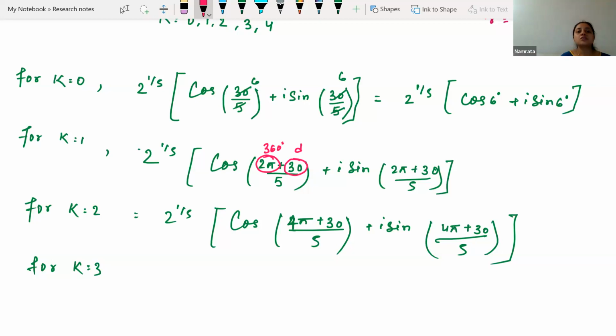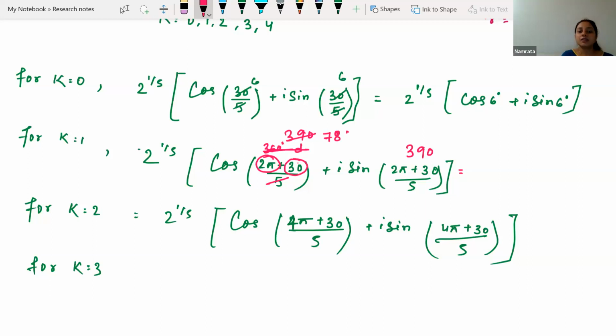So if it's 360 plus 30, that means 390. So the total angle here will become 390 divided by 5. If we cancel it out, 5 times 6 is 30, 7 times 35, and then 4 remaining, 5.